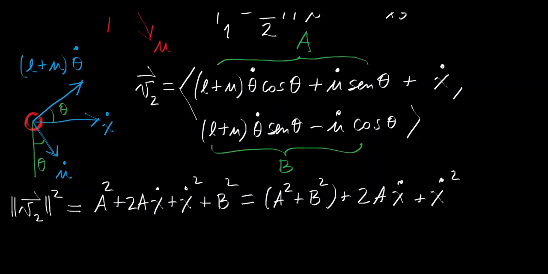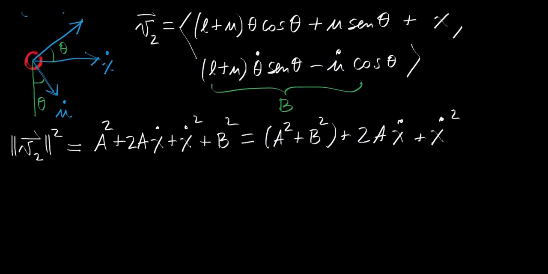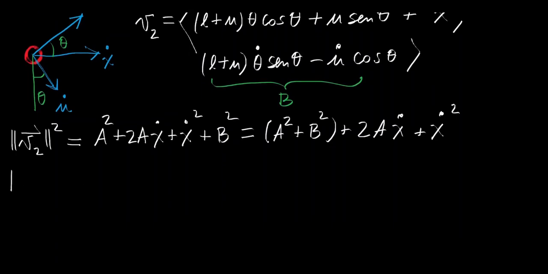So these two terms here, A squared and B squared, will lead to the following. First, we'll have (L plus u) squared times theta dot squared, nothing more, because again, cosine squared plus sine squared is equal to 1. Here, a similar thing will happen. The result will be just u dot squared, because again, trigonometric Pythagorean identity.